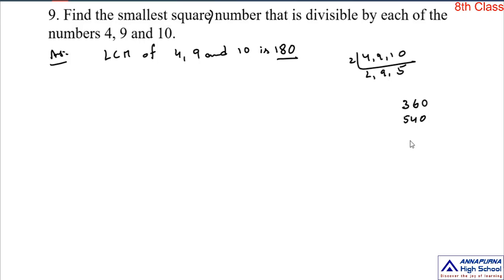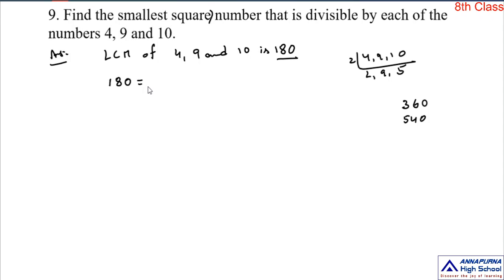So like that, if you continue to find the multiples of this 180, at one particular place we find the smallest square number. To find that, we have an alternative. What is that? Finding its prime factorization.